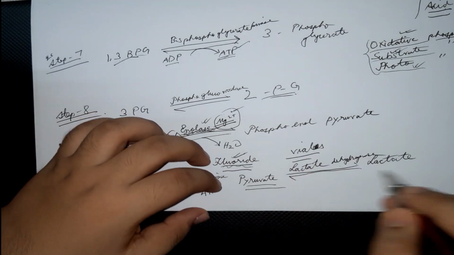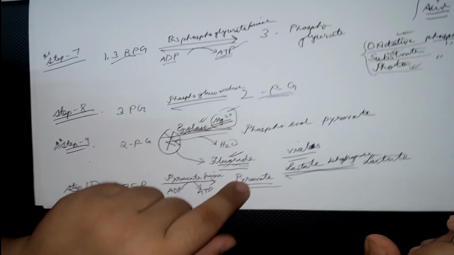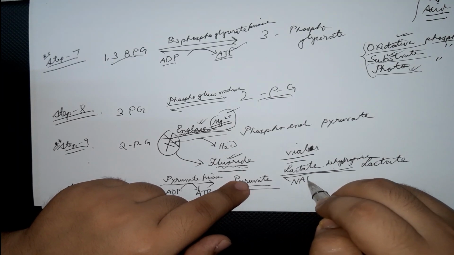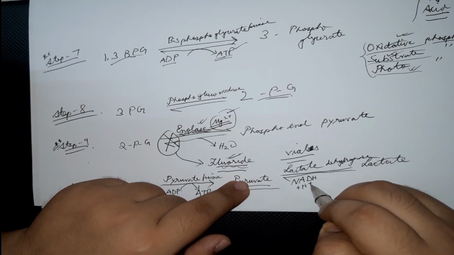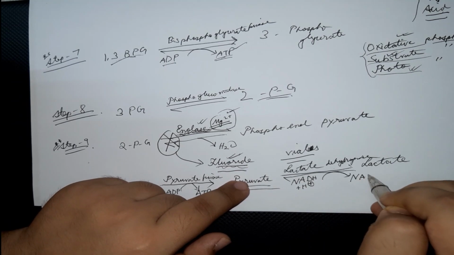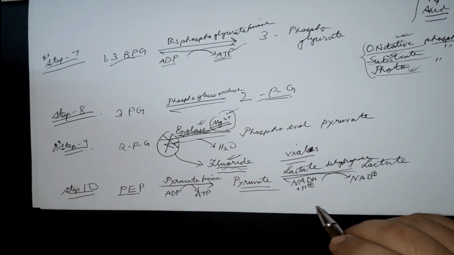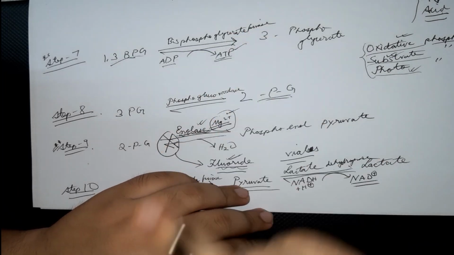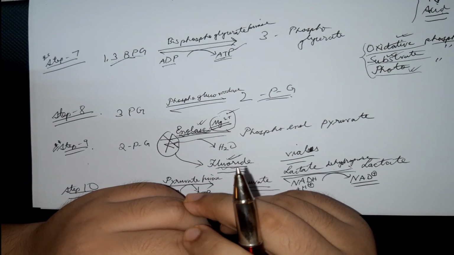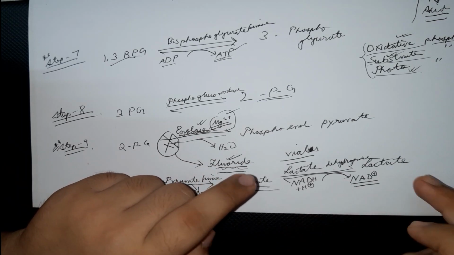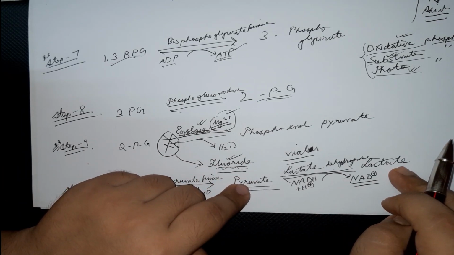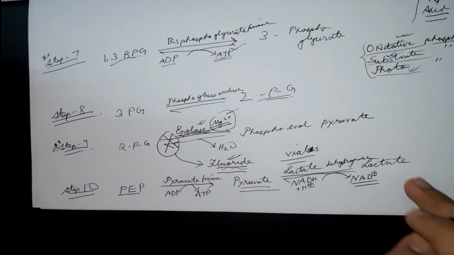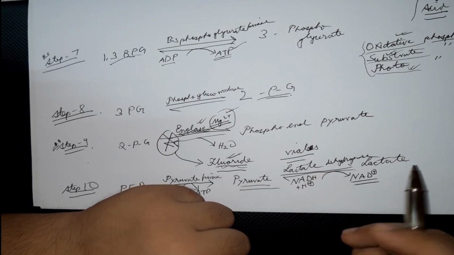But we can say that from pyruvate to lactate, essentially NADH plus H plus is being converted to NAD plus. NADH plus H plus, which is a reduced form, is being oxidized to NAD plus, just the opposite of what had happened earlier. So in this step, pyruvate is reduced to lactate, and the reduced coenzyme NADH plus H plus is oxidized to NAD plus.